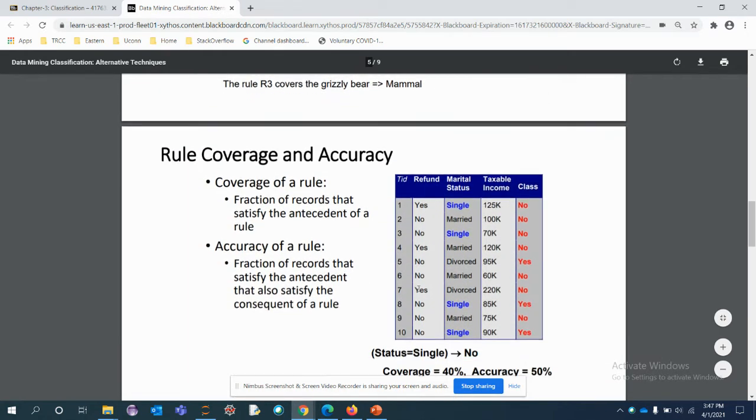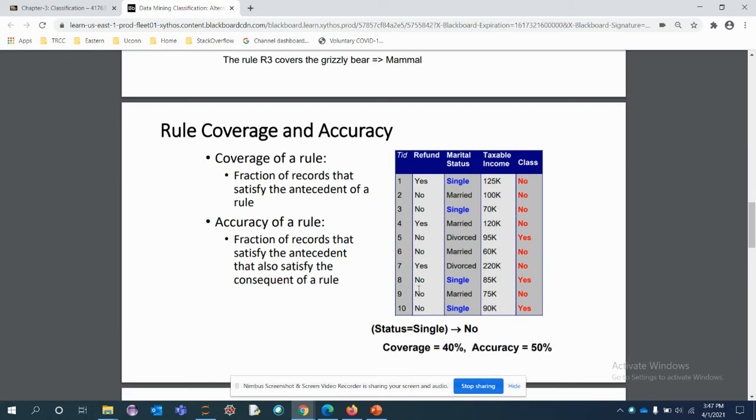Now let's see the rule coverage and accuracy. The quality of a classification rule can be evaluated using various measures such as coverage and accuracy.